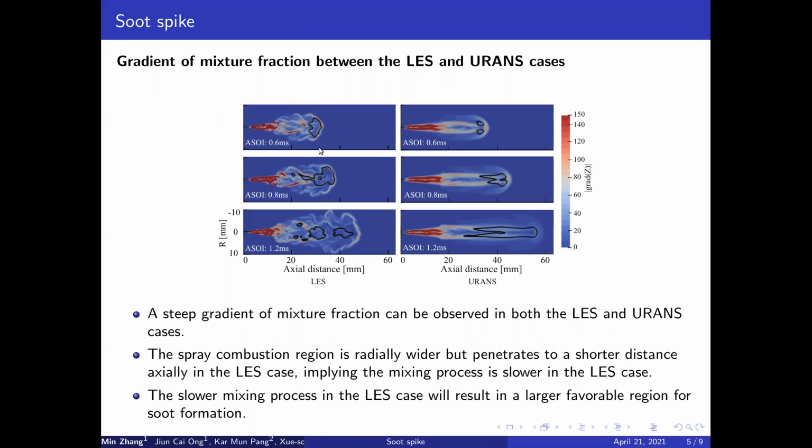And we know this slower mixing process in the LES case will result in a large favorable region for soot formation. But we still need to further confirm this point.